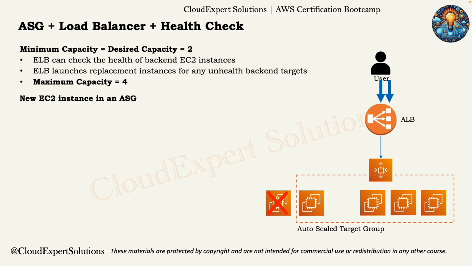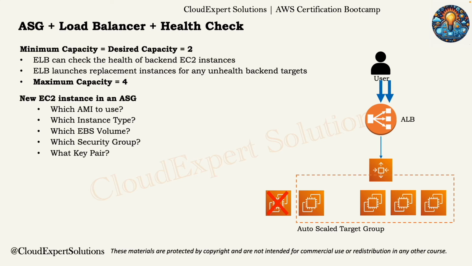When you are launching new EC2 instances using an autoscaling group, it needs to know exactly how to launch your EC2 instance in terms of what AMI or OS version to use, which instance type, which security group, which key pair, and so on. Now instead of entering this information every time, you can store it in a template and use the template to launch your EC2 instances.